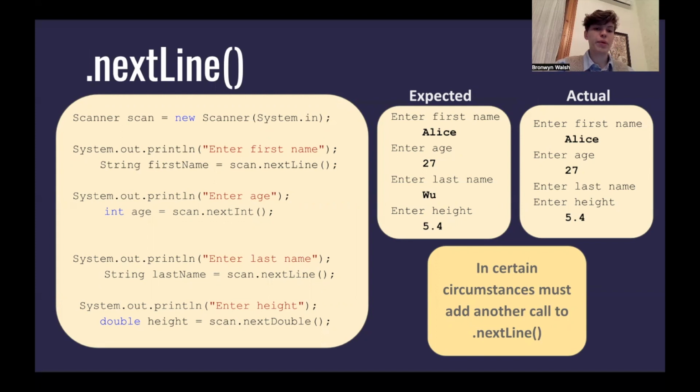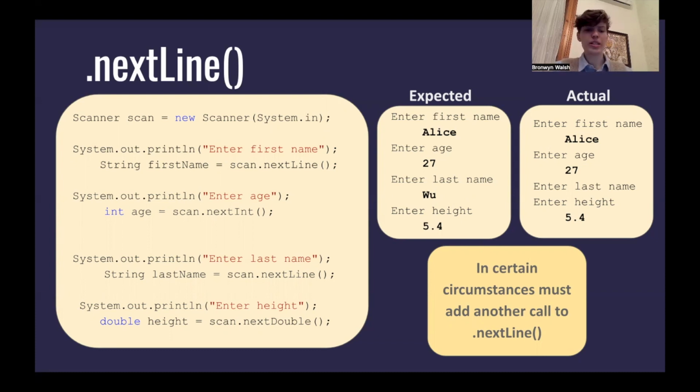So let's look at the expected versus actual. If we run the program as is, our expected values will be Alice 27, Woo 5.4. But instead, because we use a nextInt method in between our uses of nextLine, our program will not allow us to enter our last name for Alice.